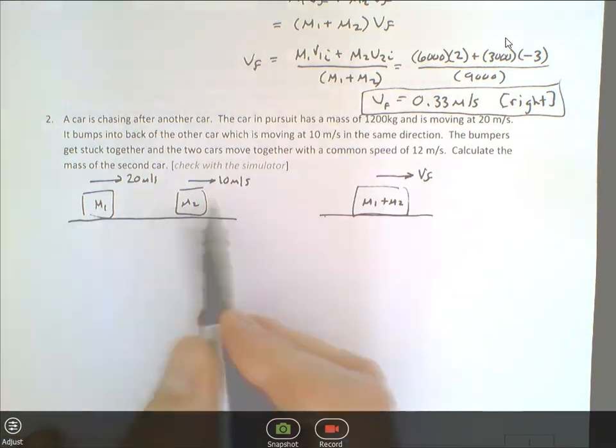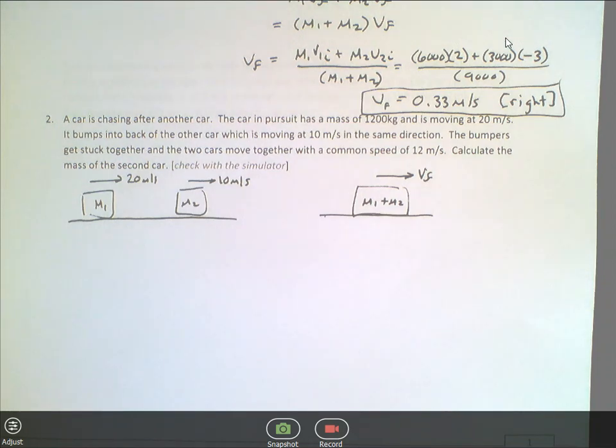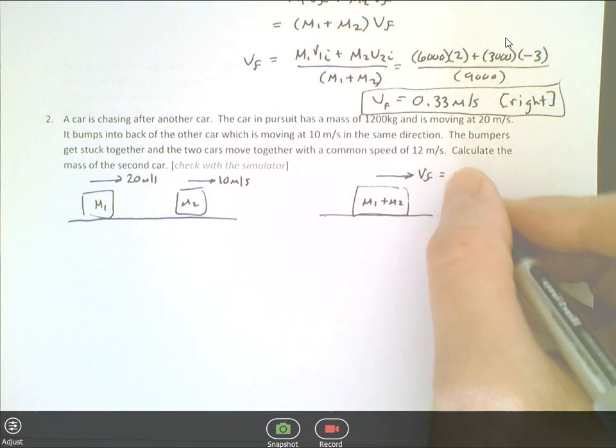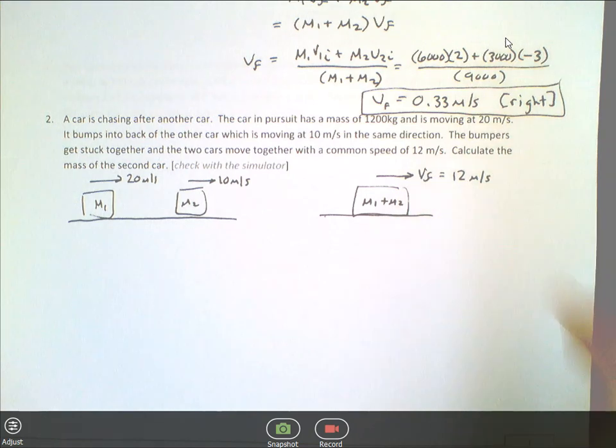Now, the speed's going to be somewhere between 20 and 10 when they hit. And in fact, it tells us that they hit and they're moving at 12 meters per second. Now, that right away should tell you something about the size of mass 2.